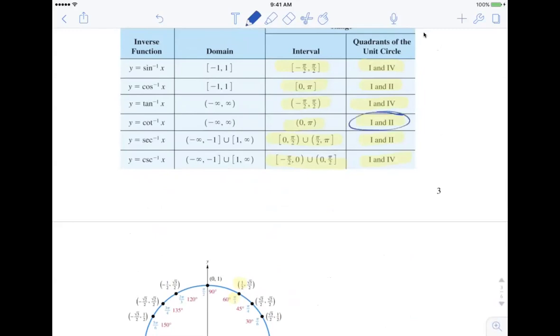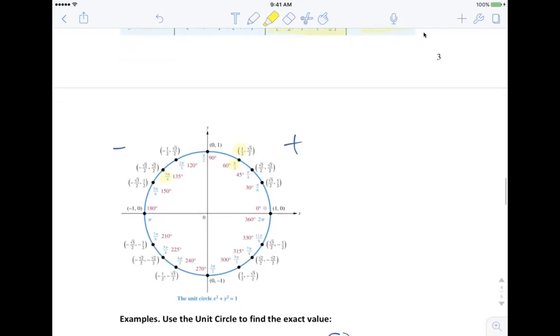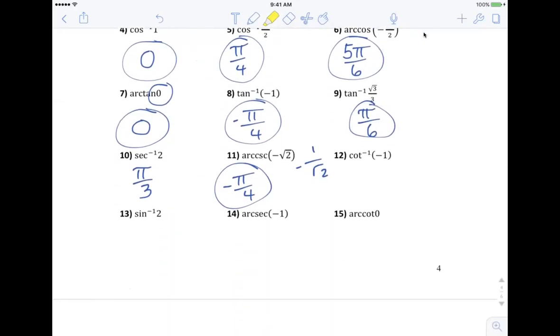So I can't go to quadrant 4 like I do for tangent. So I know that cotangent, when it equals 1, that must mean you're at a 45-degree reference angle. So it's positive over here, negative here. So my value is going to be there, right when x and y are equal, except 1 is negative. Cotangent again is x over y. You can think of it that way. So my answer for that one would be 3 pi over 4.